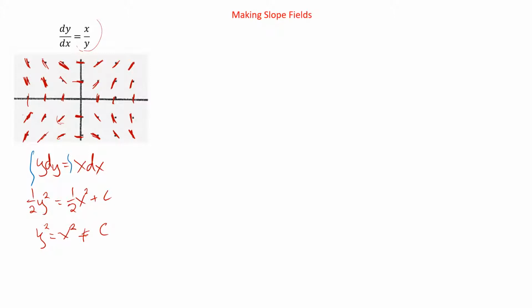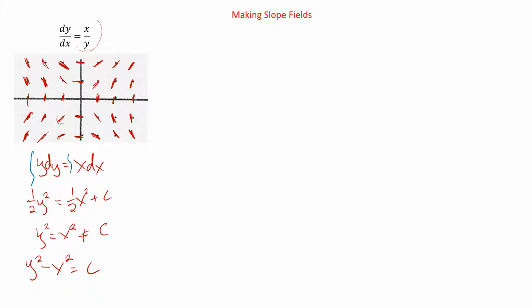And then we could square root to get y equals plus or minus the square root of x squared plus c. But as I noticed, it looked kind of like a hyperbola. And so for a hyperbola, we're going to keep the x squared and y squared. We're going to subtract it over so it's on the other side. So we'd have y squared minus x squared equals c. And then a hyperbola is generally going to be equal to 1.